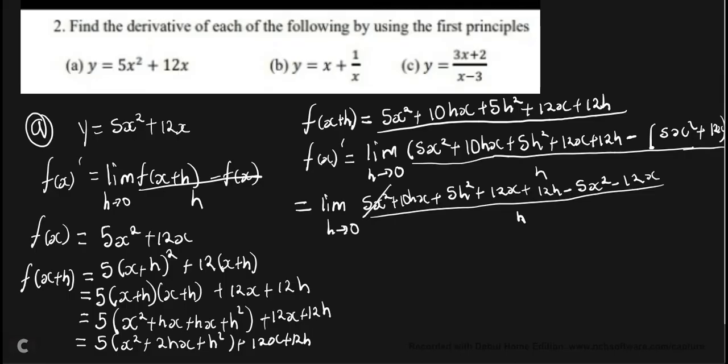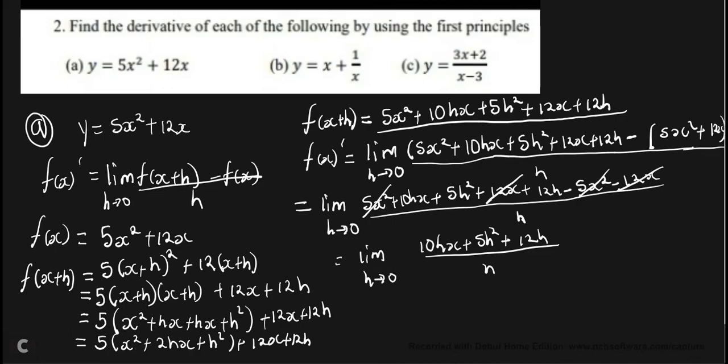This 5x squared and this 5x squared cancel, then this 4x and this 4x cancel. What are you remaining with in this situation? You remain with the limit as h approaches 0 of 10hx plus 5h squared plus 4h over h.